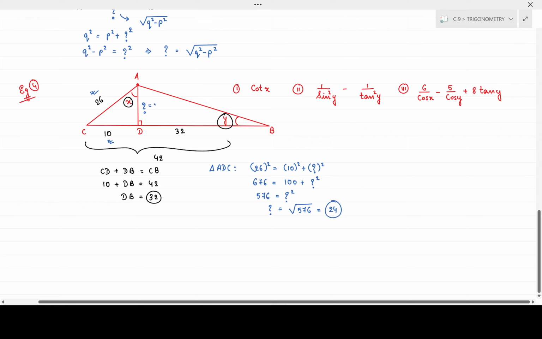After getting the value of question mark as 24, now with the help of 24 and 32, we can calculate this question mark, that is AD. So in triangle ADB, hypotenuse square equals perpendicular square plus base square.